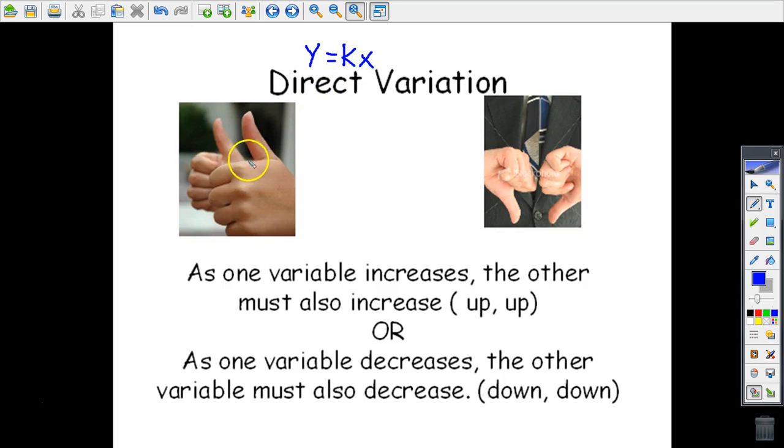So we say that they have a direct relationship, or sometimes we use the phrase direct correlation. As one quantity goes up, that causes another quantity to go up by that factor.